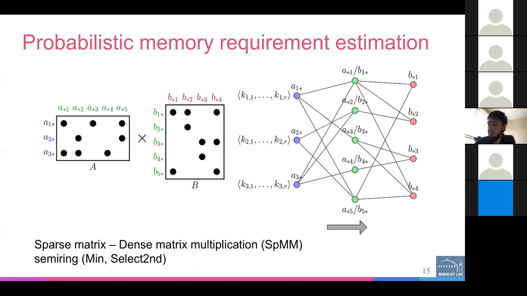The runtime of this estimation algorithm is R, the number of keys, multiplied by the summation of the non-zeros in matrices A and B. It has several advantages. First, when compression factor is large, this is expected to be faster than the exact estimation. Second, it is easy to parallelize. And third, its memory requirements are quite modest.